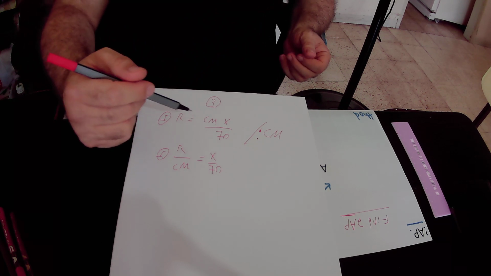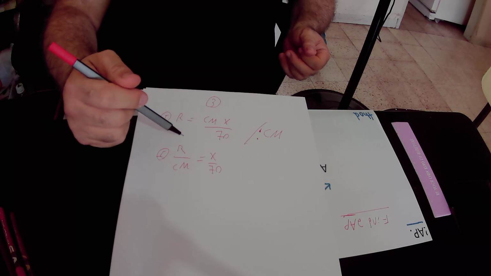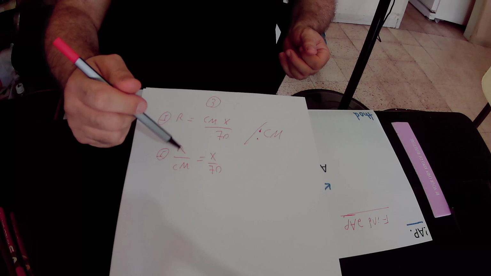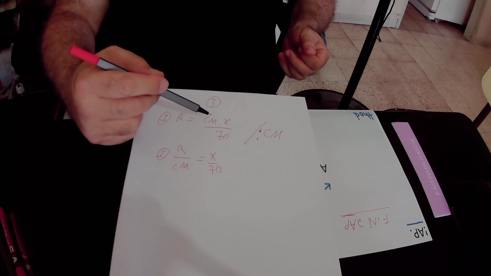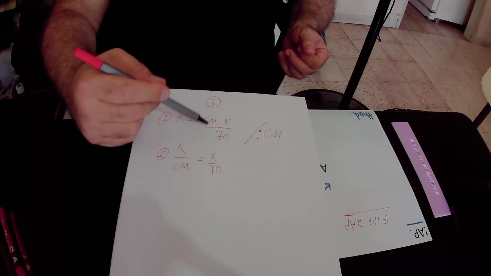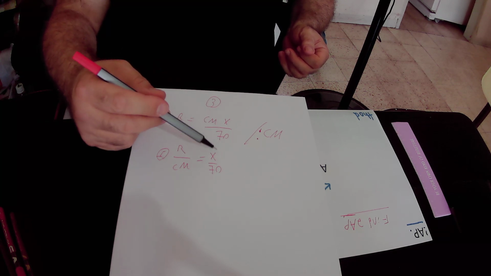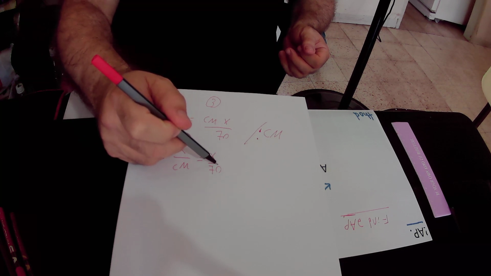R divided by CM equals R over CM, and CM divided by CM equals 1. So CM is cancelled from this expression, and we are left with X over 70. Okay?